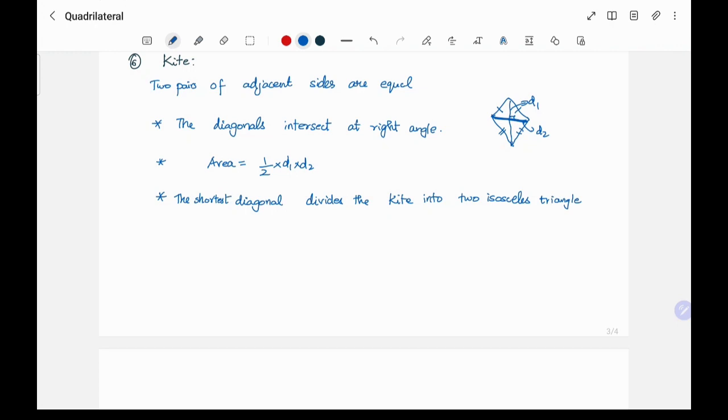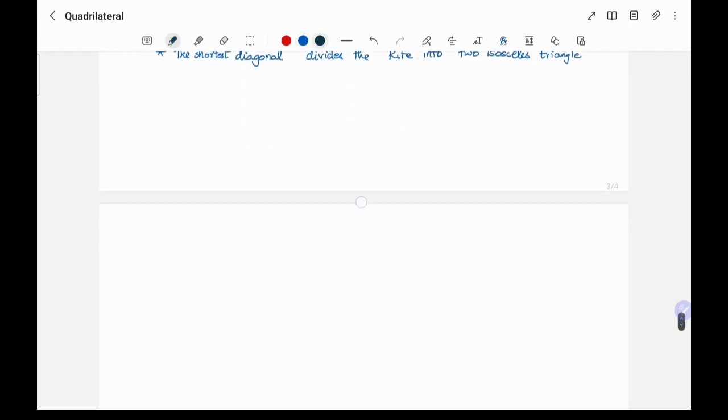Okay. So next we will see about a regular hexagon. A hexagon is a six-sided polygon. Regular means all sides are equal and all angles are equal.